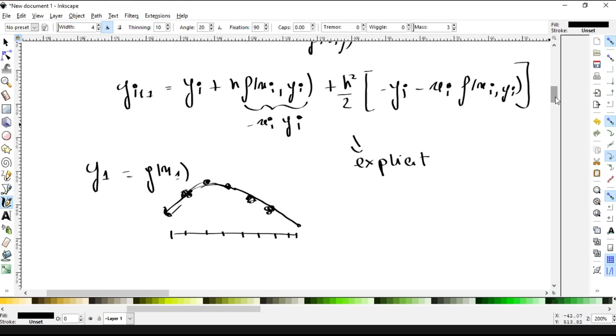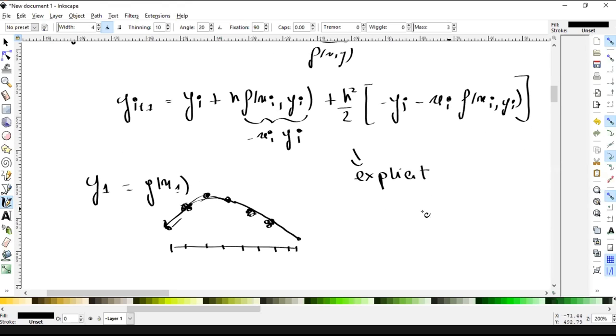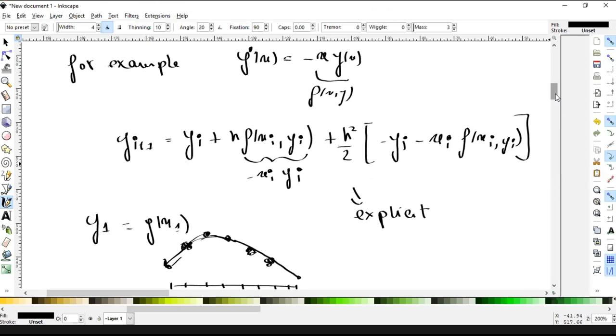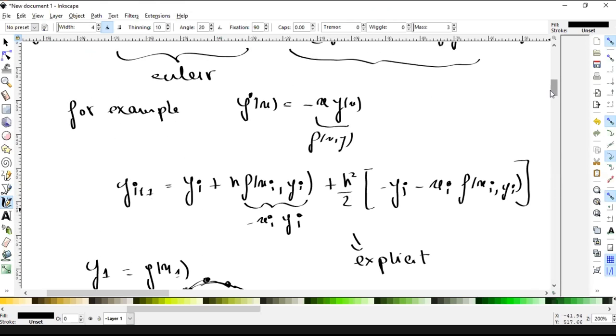But of course, if you take several points that are close to each other, then you get your function. You get almost as good as a continuous variable, because the discretization points will be very close to each other.